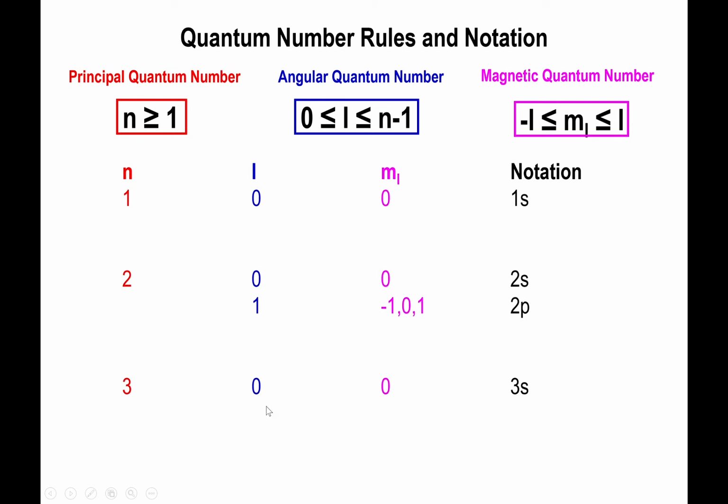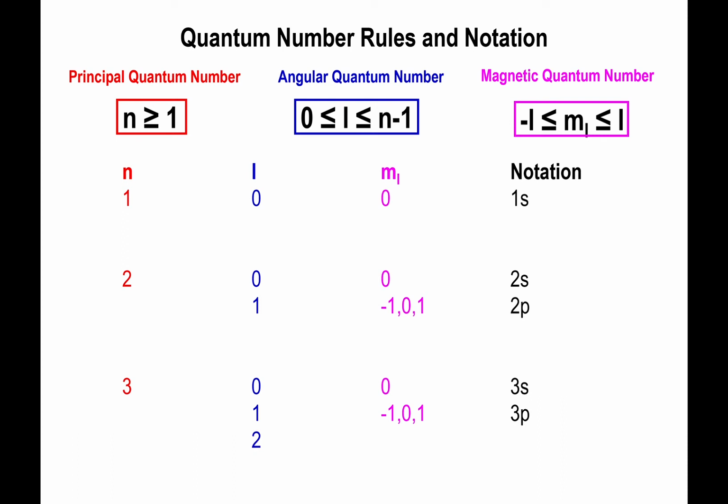In the third energy level, this will have to be the 3s orbital. If L equals 1, well, we're dealing in that case with negative 1, 0, and plus 1 values for M sub L. But if L equals 1, we're dealing with a p orbital. And since this is the third energy level, this is specifically the 3p orbital. But there is a set of 3 of those 3p orbitals present.